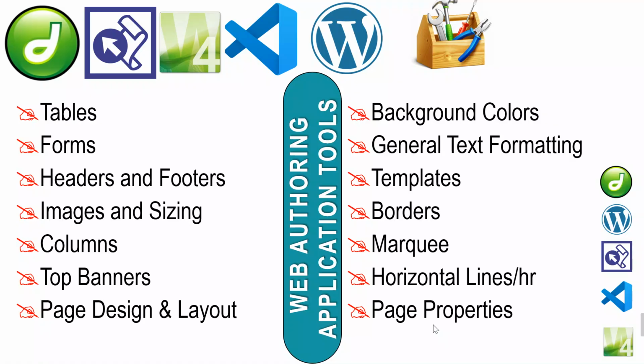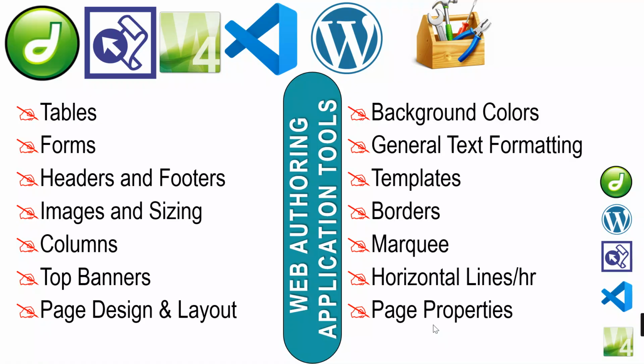More to that, whichever web authoring software you are going to use, whether Dreamweaver, Front Page, Expression Web, VS Code, or WordPress, think about the following application tools: tables, forms, headers and footers, images and sizing, columns, top banners, page design and layout.